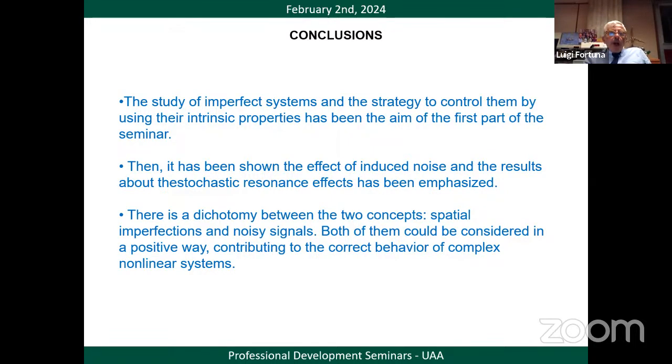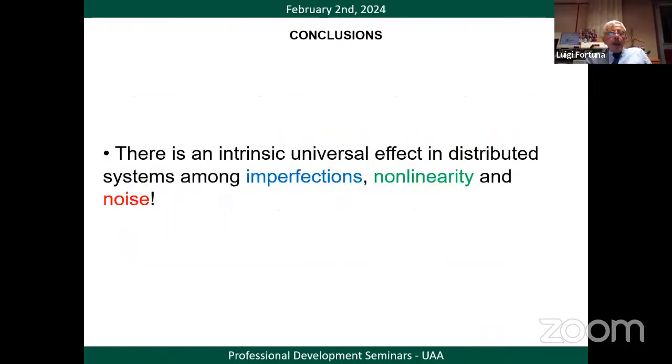And without noise and without nonlinearities, we cannot control more and more complex systems in a simple way. This is the sentence: there is an intrinsic universal effect in distributed systems among imperfection, nonlinearity, and noise.